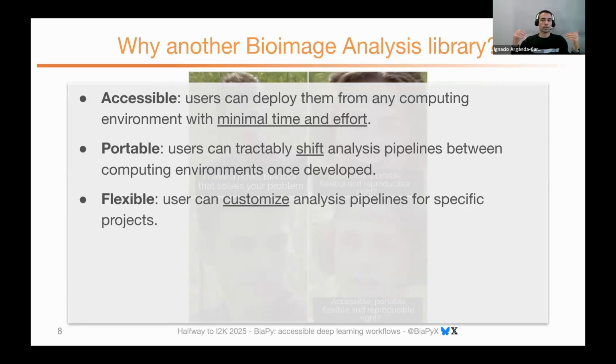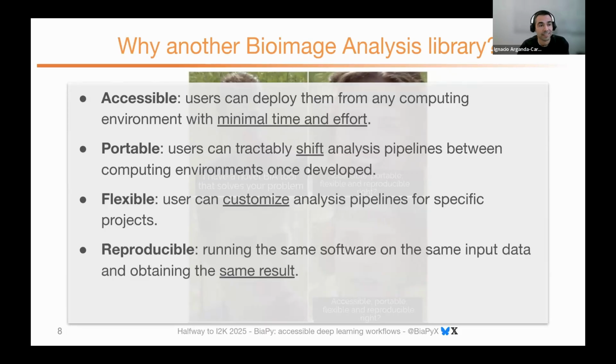They also should be flexible, of course. We would like those pipelines to be customizable, meaning that they should not only work for the data of the paper where they were published, but also work on other data sets with some tuning. And finally, call me crazy, but we work in science, so they should be reproducible. Running the same software on the same input data, we should obtain the same result.